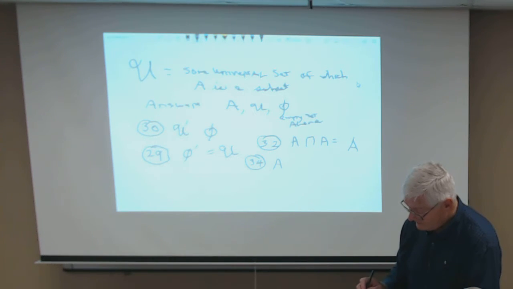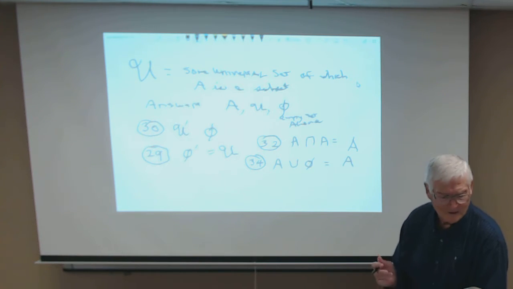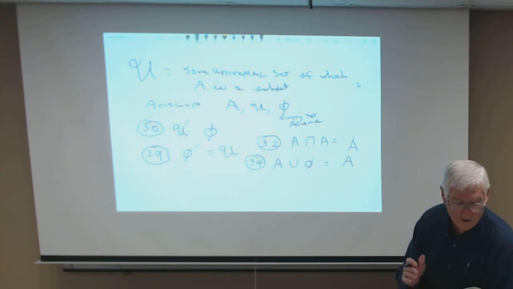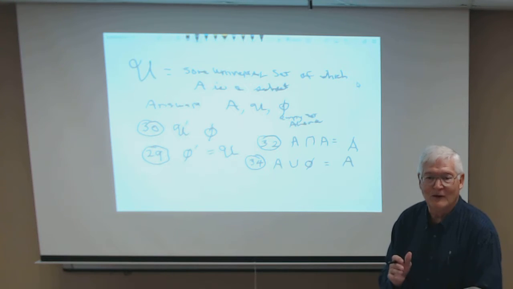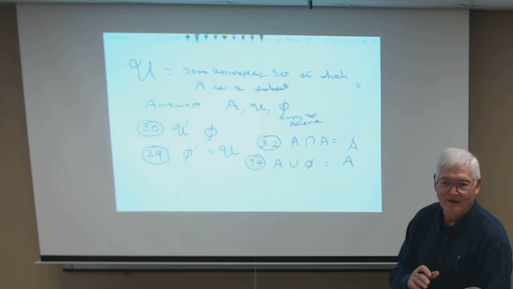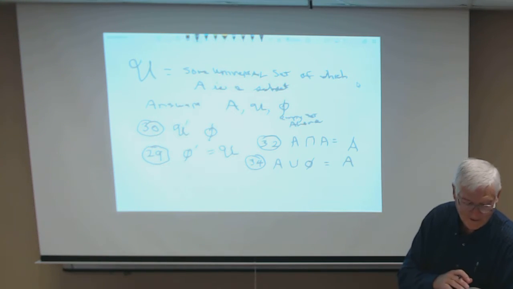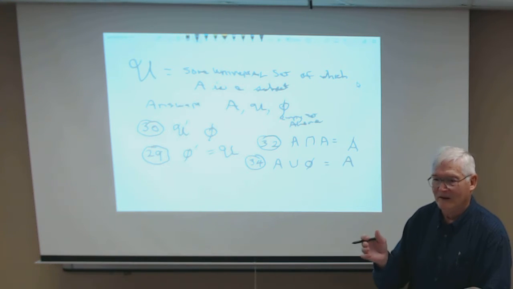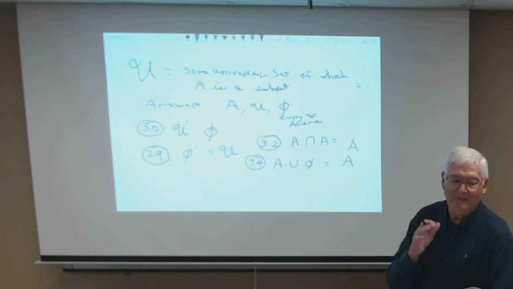A union empty set. What would that equal? A. All right. See, it's not so hard. It's not so hard doing mathematical abstraction. That's what they call it. They call it philosophy when you're over in words. With math, they call them abstractions.